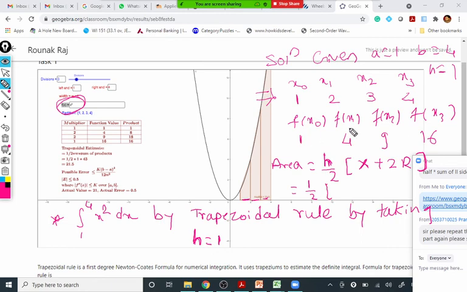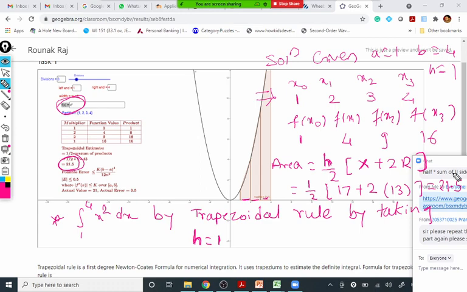Now extreme is 1 and 16. 1 plus 16 is 17, plus 2 times the sum of remaining ordinates. Now 9 plus 4, that is the remaining. Every ordinate comes only once. So 9 plus 4 is 13. Now if you simplify all this, you will get the answer as 21.5. You can cross check. You should get 21.5 as the approximate area by the trapezoidal rule, and that is the end of the question in the exam.